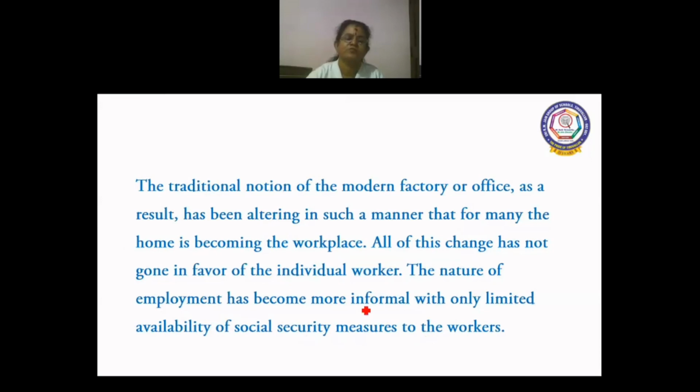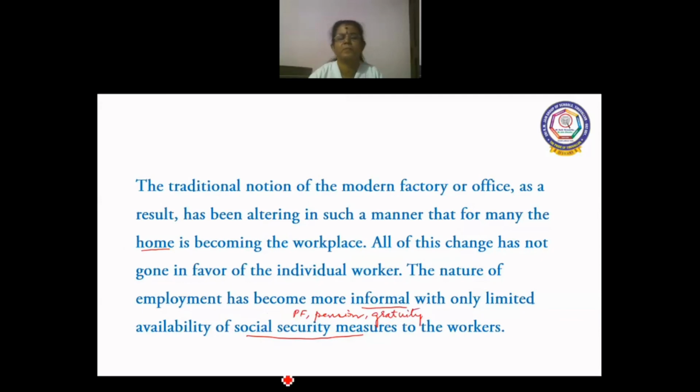Most of the job opportunities have become informal nowadays, and many people work from their home. As it is informal, the availability of social security measures has become limited. Social security measures are nothing but benefits like provident fund, pension, gratuity, etc.